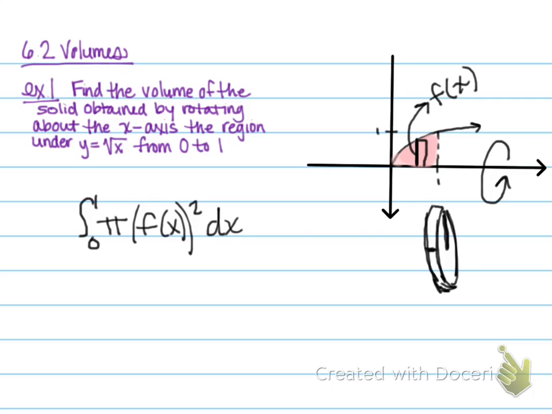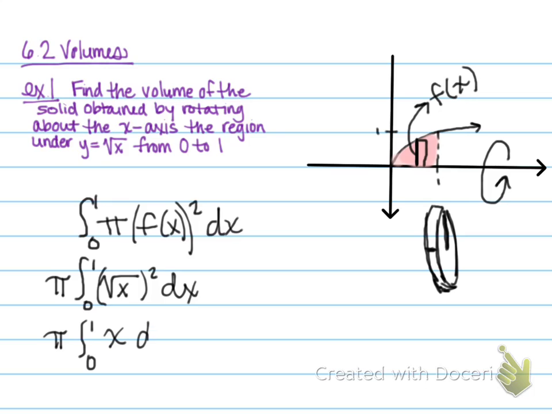Now if we integrate this using our initial problem, our f of x is the square root of x. So we've got the integral from 0 to 1. Pi is a constant and a coefficient, so it can pop out in the front there. We've got square root x squared dx. Simplified a little bit more, from 0 to 1, square root of x squared is x dx.